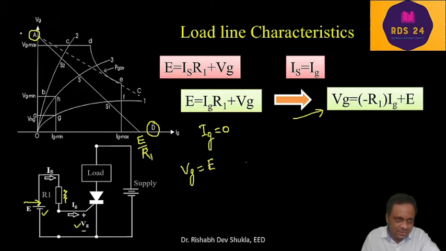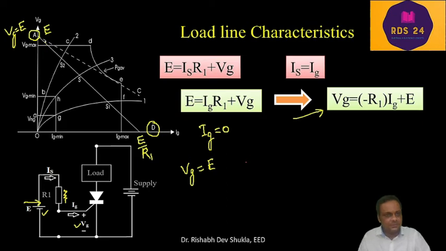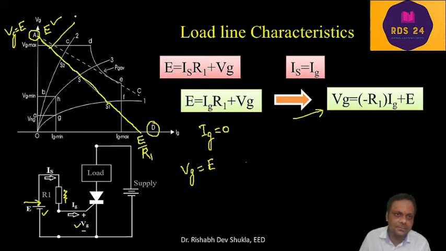So we have considered point A. Here we have Vg equal to E. This is your E point, the open circuit voltage of the source. So now we are joining these two points A and D. This is your load line.